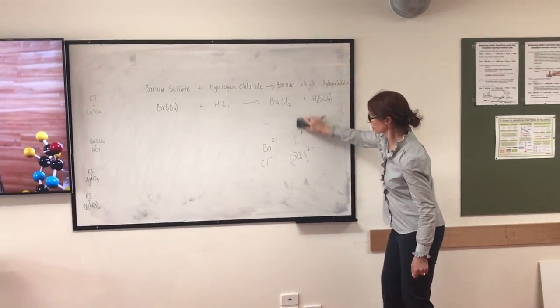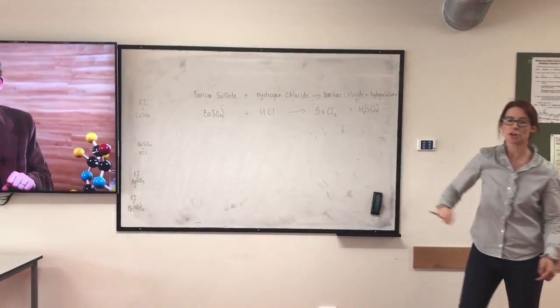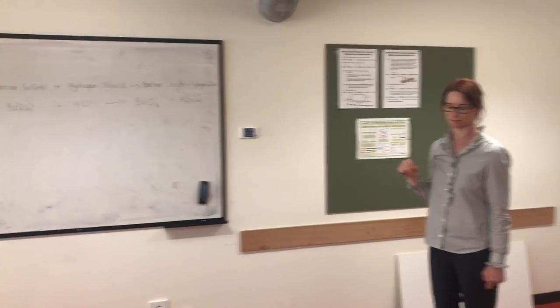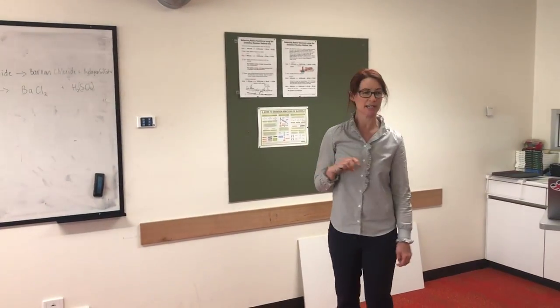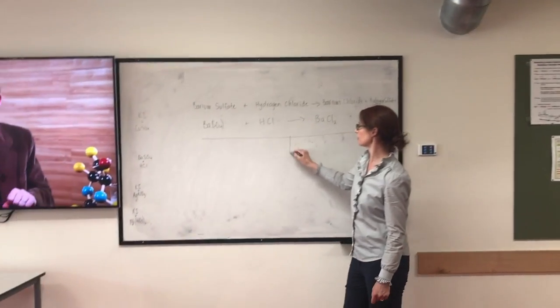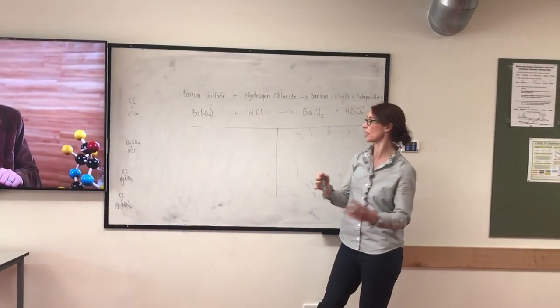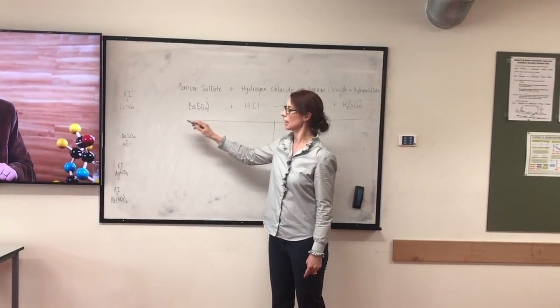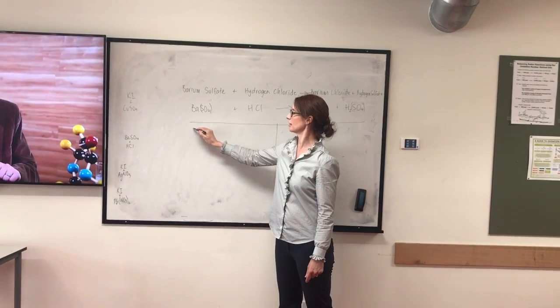That's the first step. Now that I know that my chemical formulas are correct, I need to balance it. So I'm going to do my longhand version if I need to, or shorthand if I'm okay with it. Let's list the elements.